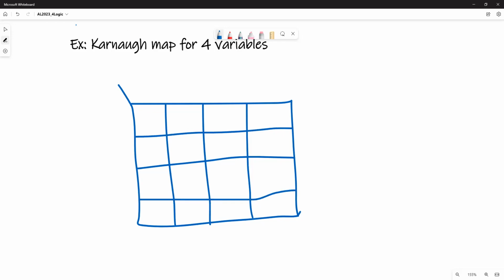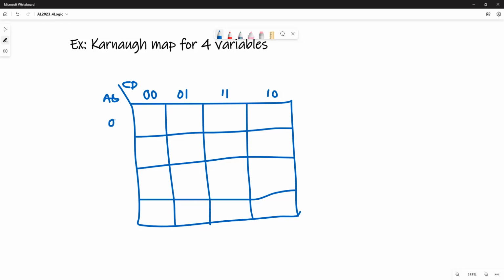So one side we can have AB, because you have to have 4 variables. The other side we can have CD. So if you want to put values, we can have 0, 0. We can have 0, 1. Then remember that only 1 bit change is allowed. So we can have 1, 1. Then we have 1, 0. That's the reason why we are doing like this.